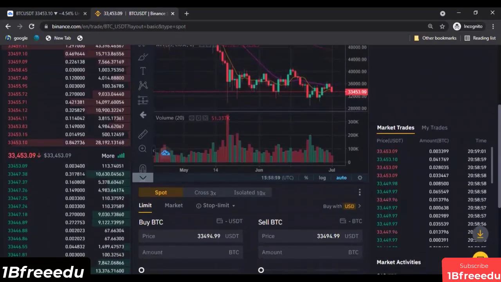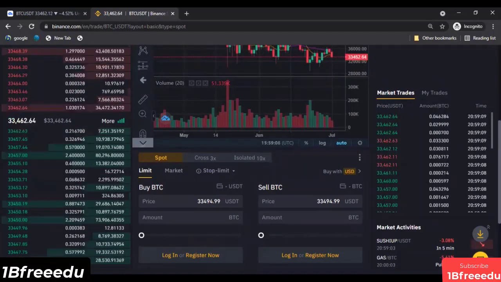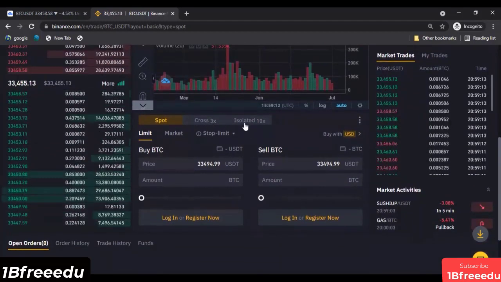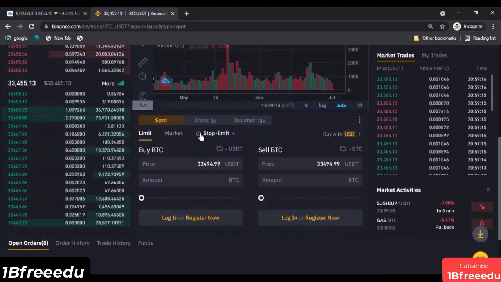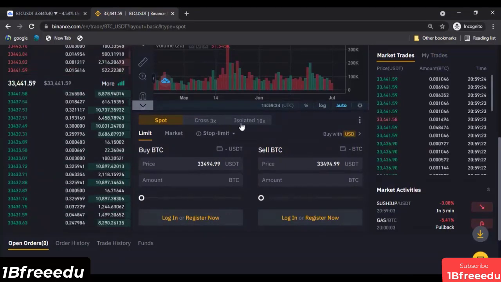Now coming back here, imagine you are buying BTC with USDT. There are different types, different sections here. What you need to remember is that if you are a beginner, you should only deal in spot, and you should not touch this cross 3x and isolated 10x because it is quite risky.